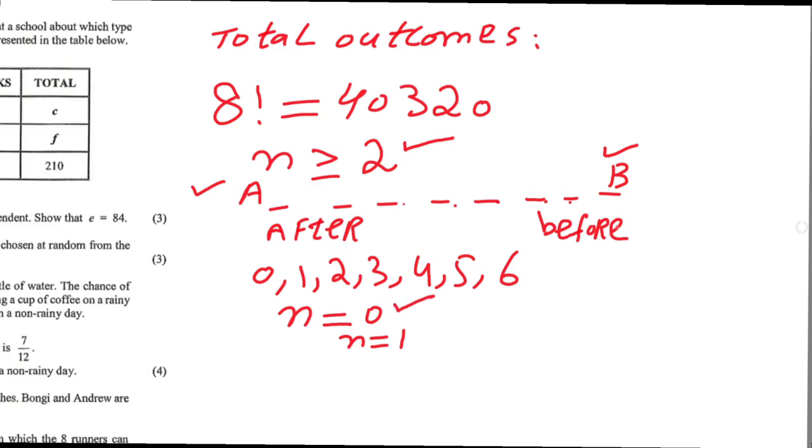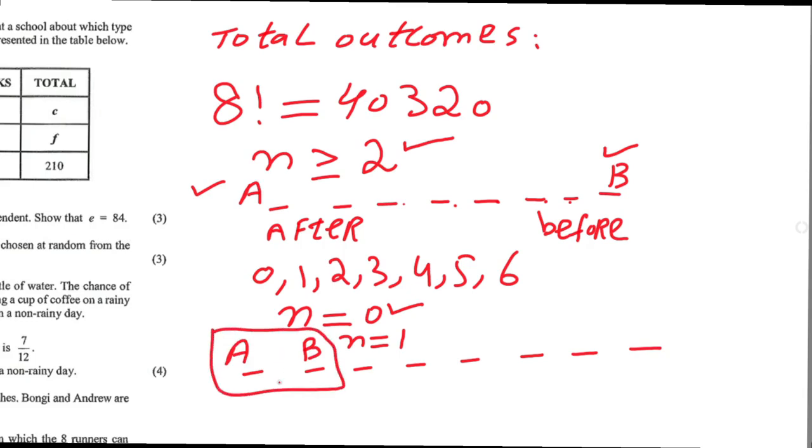It means between Andrew and Bongi, A and B, there is nobody. So we have 1, 2, 3, 4, 5, 6, 7, 8. This is your A, this is your B. In the middle is 0, nobody is in the middle. So that's going to be 7 factorial, which is equal to 5040.